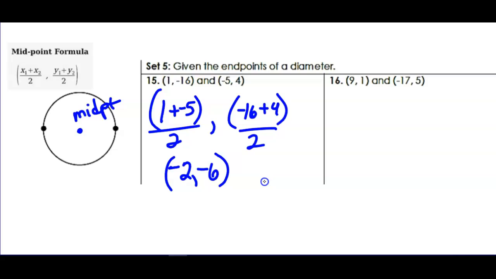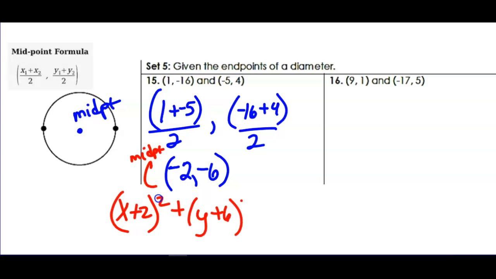And I think I even just figured out what the diameter is, or the radius. But what you want to do is put this in. Plus 2. This is your center now because it was the midpoint. Squared plus y plus 6, quantity squared equals the radius squared.